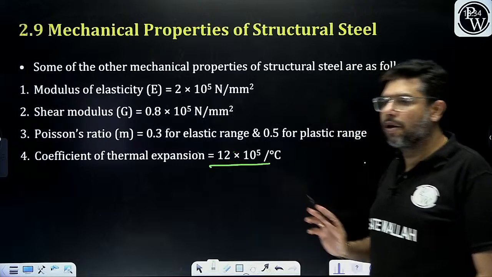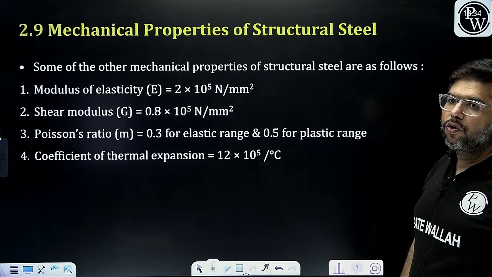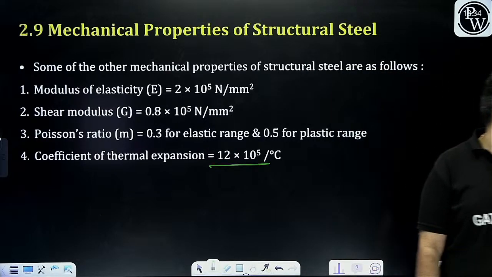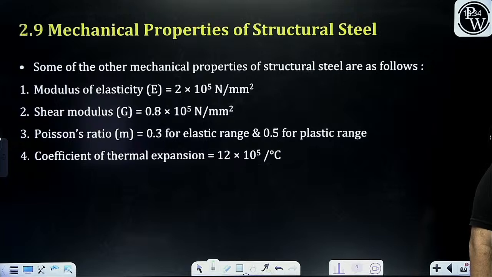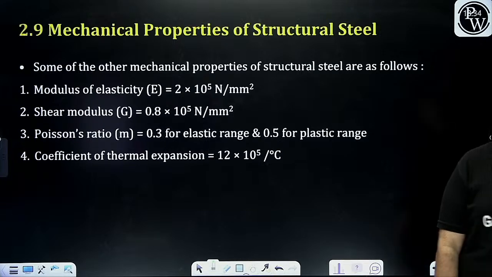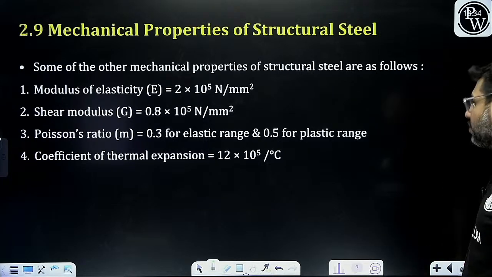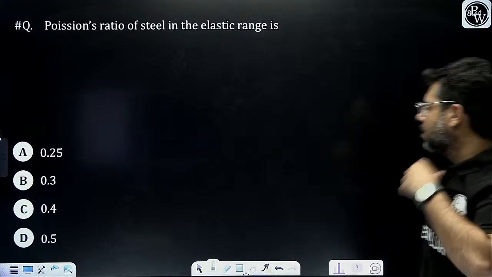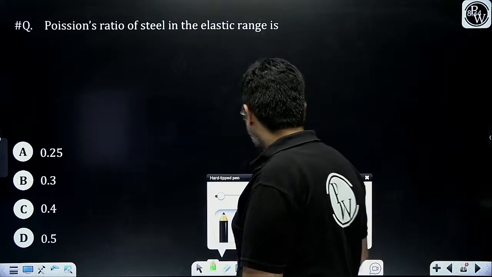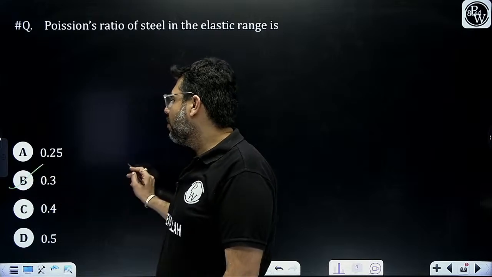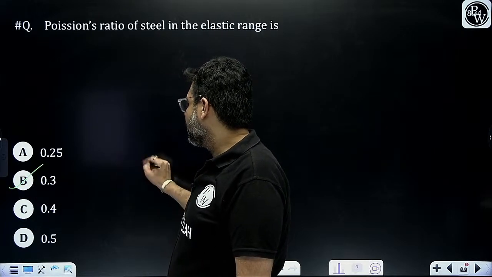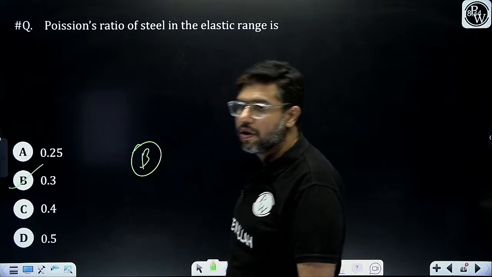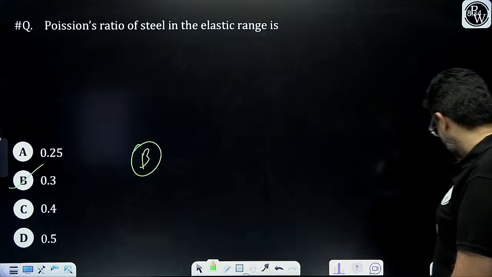Coefficient of thermal expansion is taken as 12 into 10 to the power minus 6 per degree Celsius. Earlier code said the Poisson ratio to be 0.25, but in the new code it is 0.3. Please remember this. The correct answer will be 0.3 here.